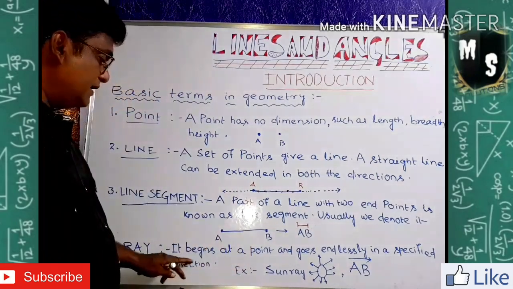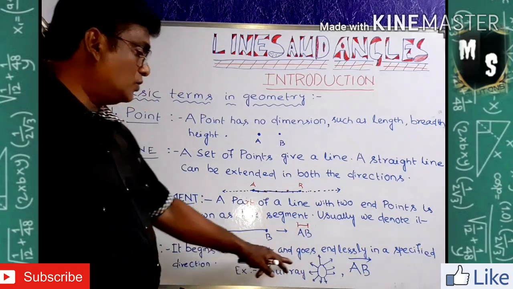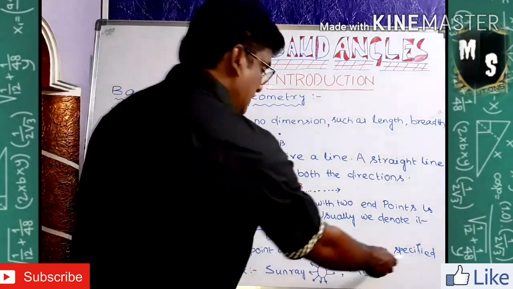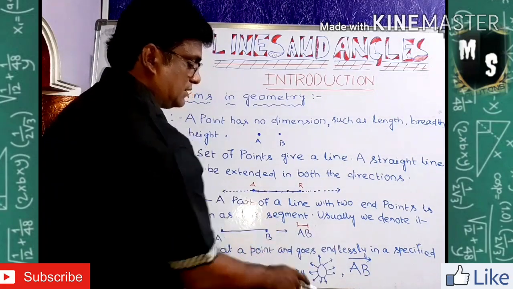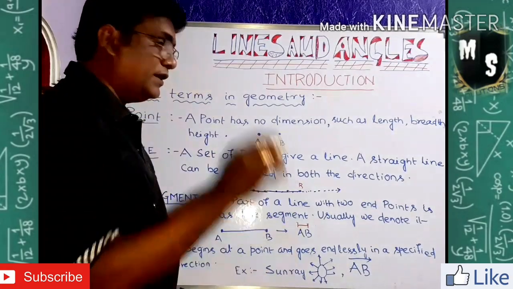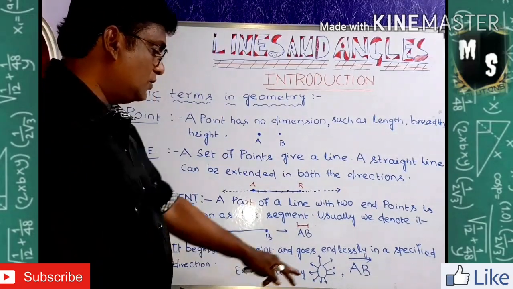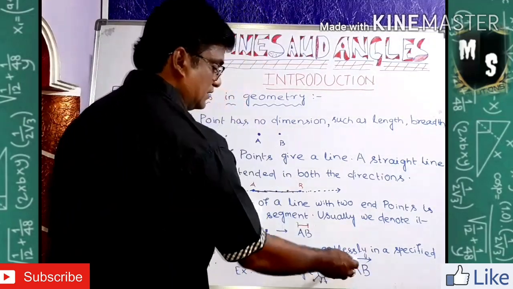It begins at a point and goes endlessly in a specified direction, like light rays coming from the sun, endlessly going in one direction and touching the earth. It can be denoted by AB. This is the symbol for ray.